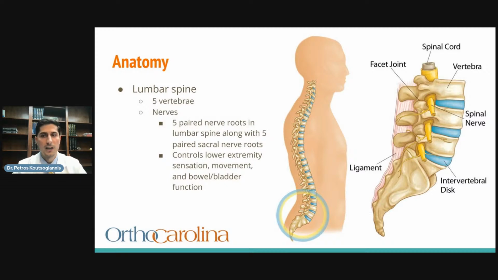So in order to fully understand the pathology, or what goes wrong behind degenerative spondylolisthesis, we must first understand some basic anatomy. For this talk, we'll focus on the lower spine, or the lumbar spine. In this region, there are 5 vertebrae, or individual bones, that provide support and structure to our spine, as well as 5 discs, which act as shock absorbers in between these bones.